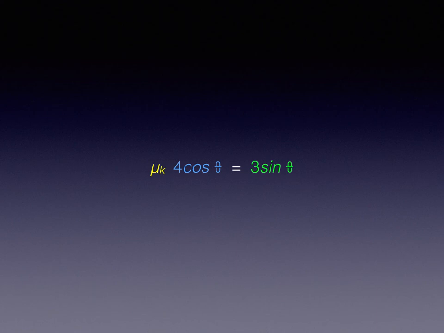What do we do to get mu k, the coefficient of kinetic friction, all by itself? We're going to divide by 4 cosine theta, so that comes down below. And even this can be simplified a little bit. That's kind of like saying 3/4 times sine of theta over cosine theta. So let's take that 3/4 out and turn it into a decimal. To me, that's 0.75.